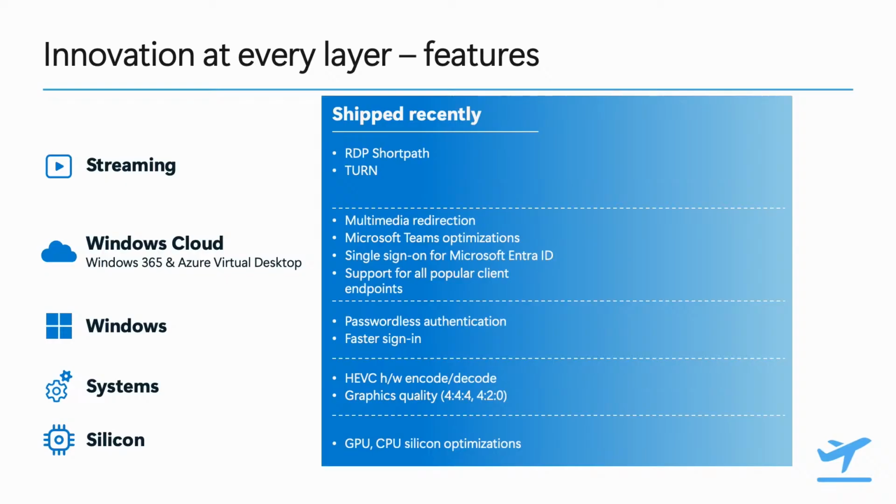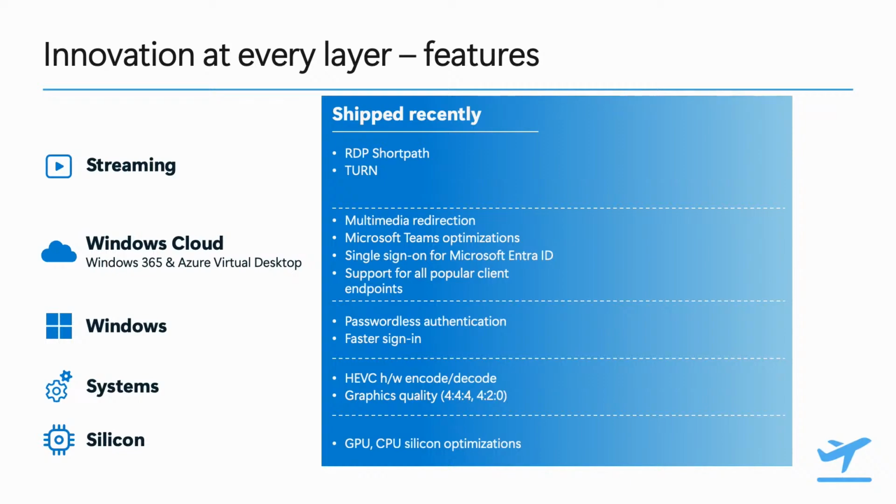At the Windows level, we have made updates and some innovations in the areas of passwordless authentication, as well as faster sign-in. The faster sign-in has a lot to do with how we interact with the libraries built right into Windows so that we are optimized in the way we pass on tokens and do some of these authentications faster than we were able to do before.